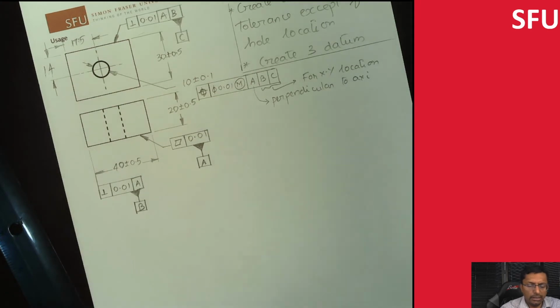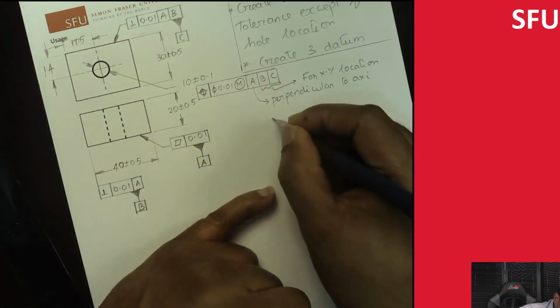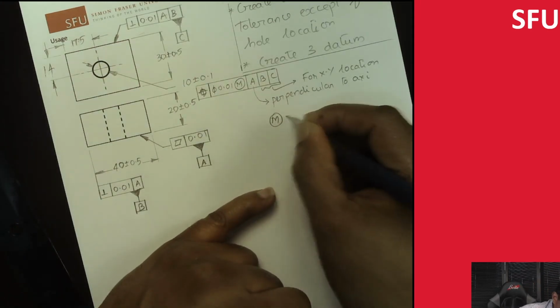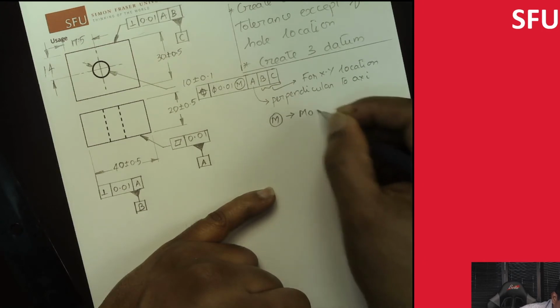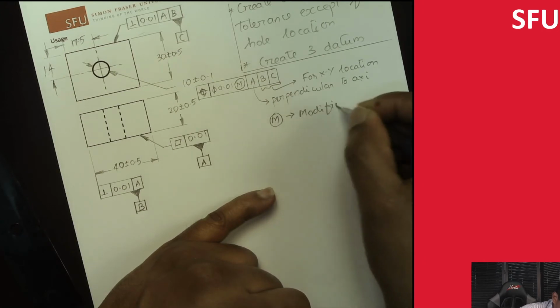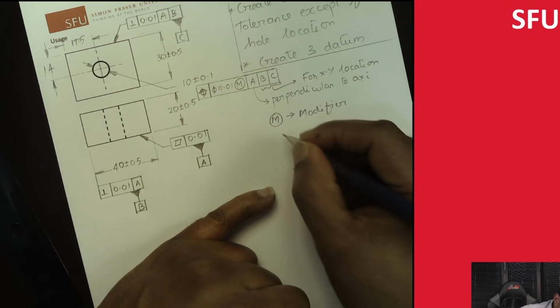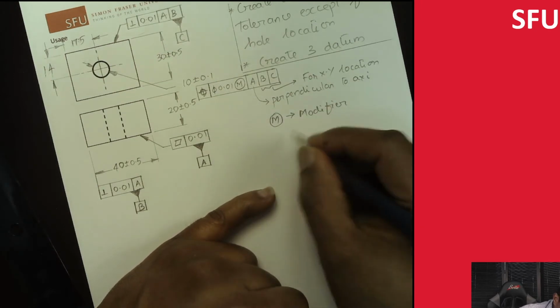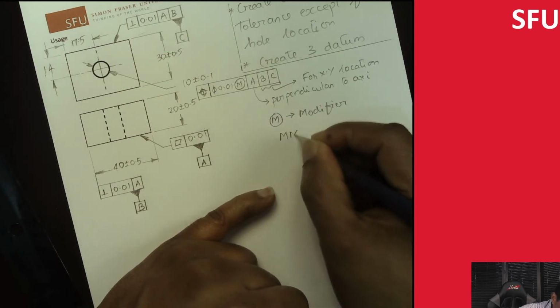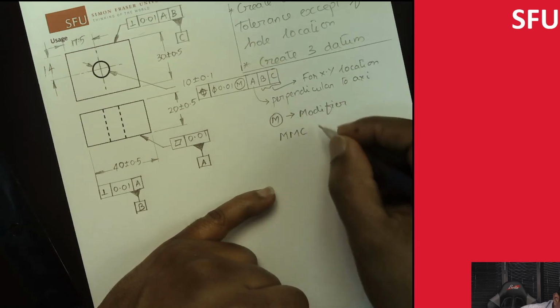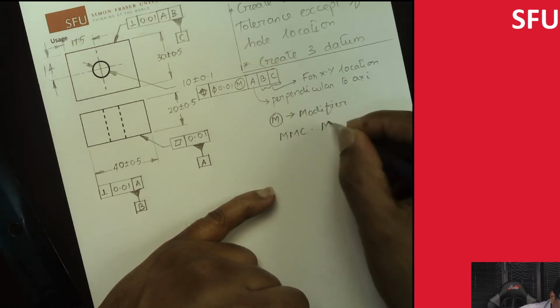The letter M is one of the modifiers. This case is known as MMC, maximum material condition.